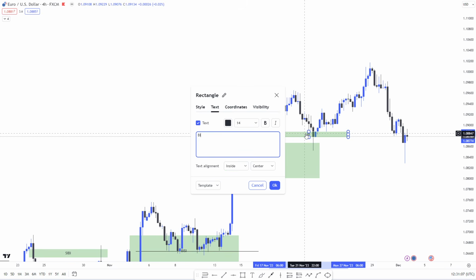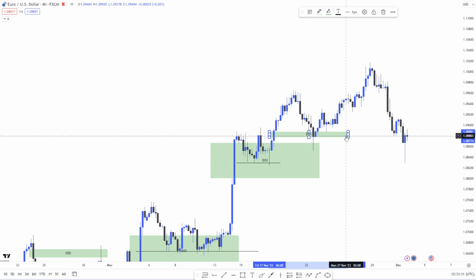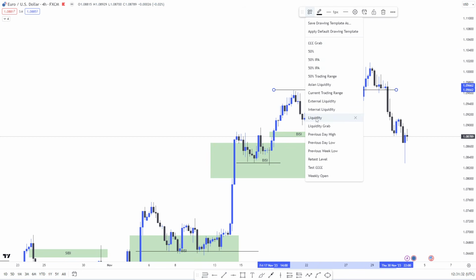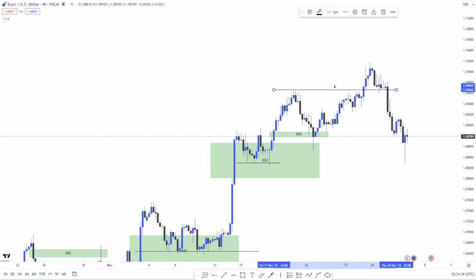It is buy side imbalance, sell side inefficiency. So you can see here, price came into it, manipulated lower, really, really lower, but pushed to the upside and respected it with the bodies. So now we know the bodies are respecting price action. Where's it going? Towards this area of liquidity.